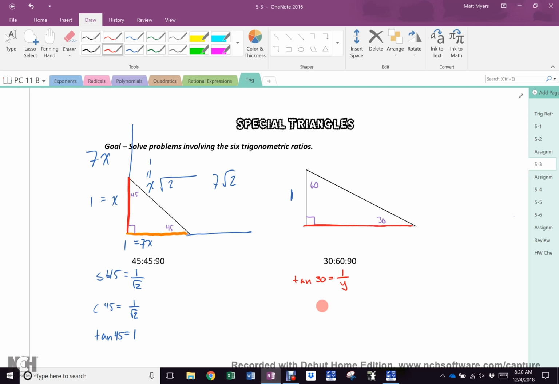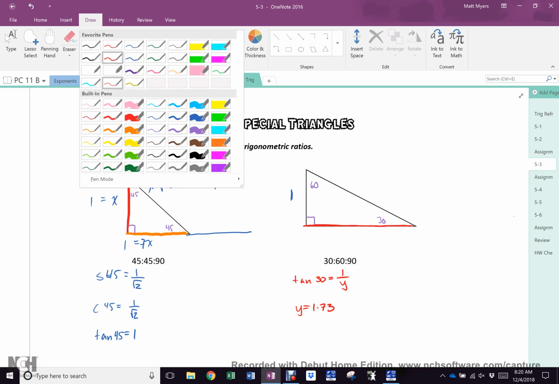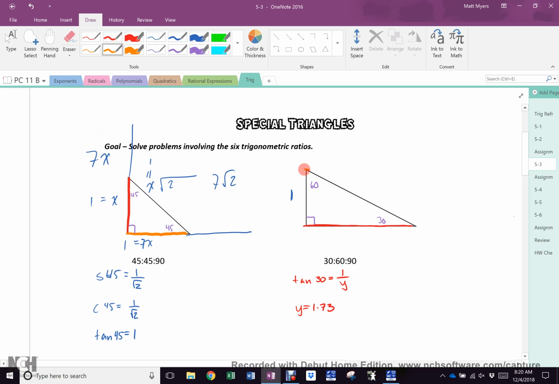What does y equal? Great. Now, what can I do to find the orange side, which will be the hypotenuse? You could do Pythagoras.